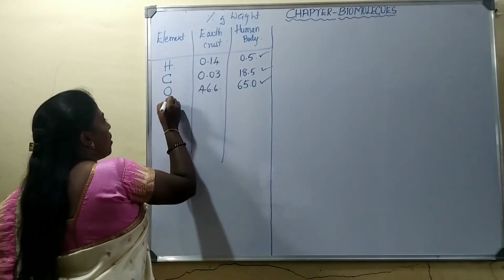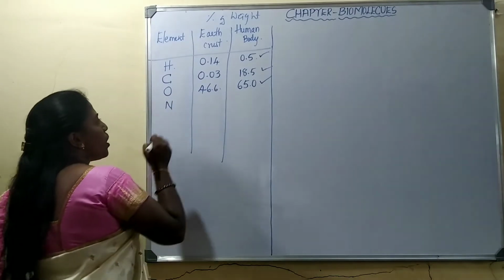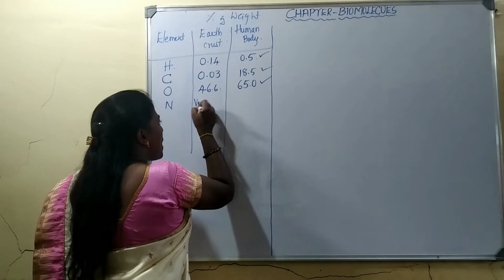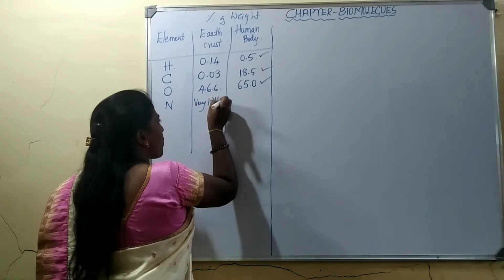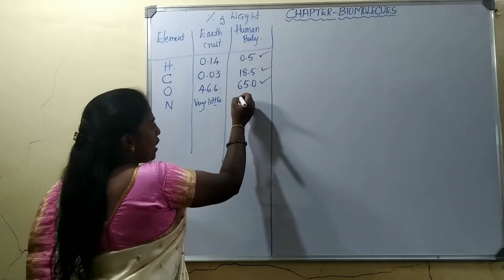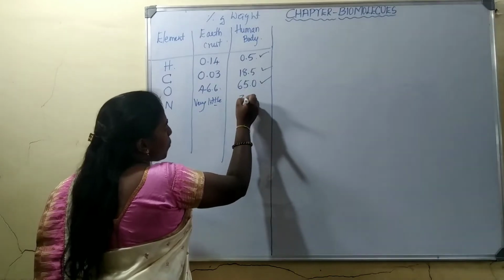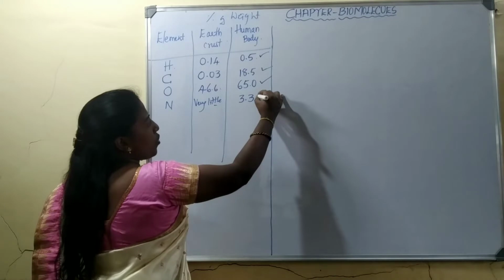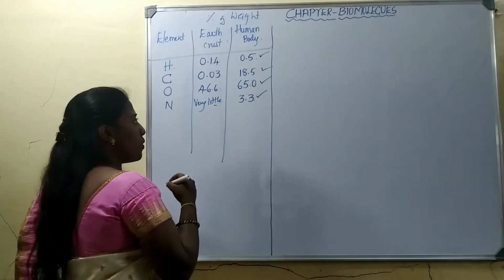The next is nitrogen. Nitrogen in case of earth crust is found in a very little amount, whereas in case of living, it is 3.3%. So it is also found in more concentration in case of living.